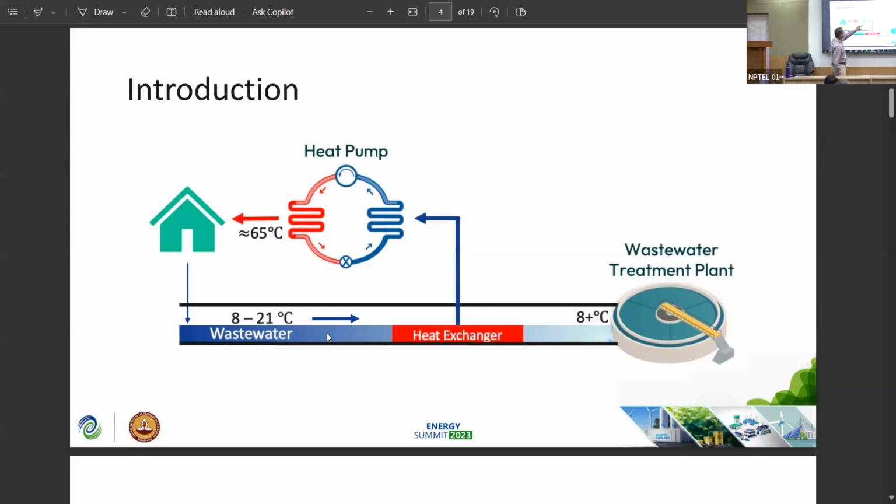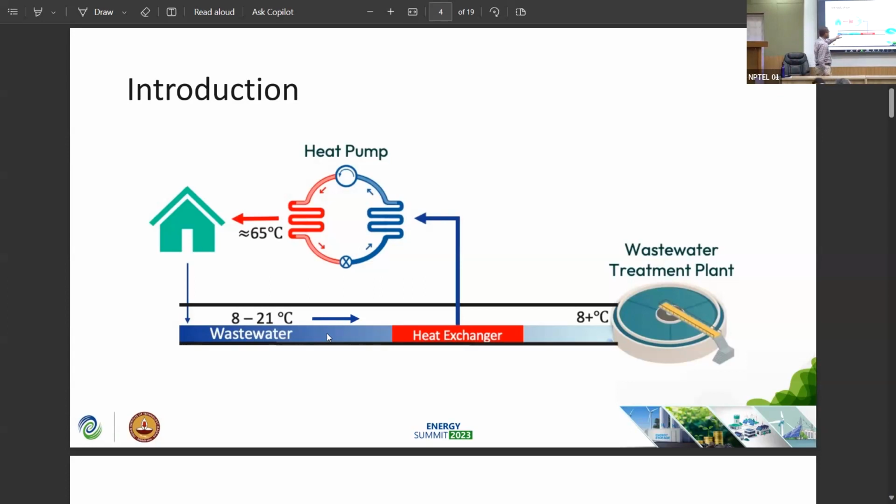You extract the heat and it goes through a heat pump cycle, like Neha was explaining, so it goes into evaporative and compression cycles. If the inlet is around 8 to 21 degrees, then the outlet would be around 65 degrees Celsius, which is enough to heat your water at home, and that can be used for radiator heating and so on.